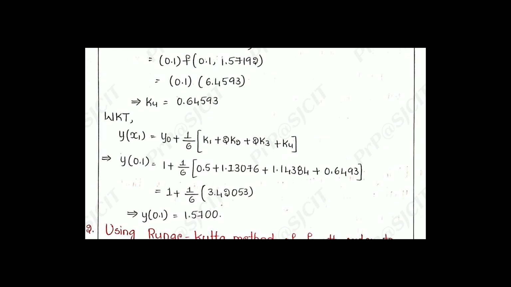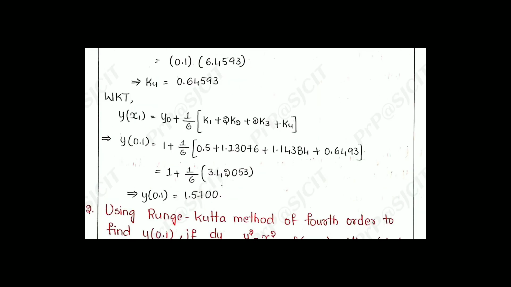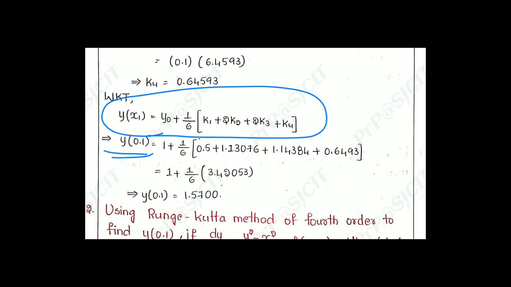At last, substitute those values in the main formula. In the question they give, find y at x equal to 0.1. So the y naught value is given, 1 plus 1 by 6 as it is, k1 value is 0.5, 2 as it is multiplied with k2, then we get 1.13076.